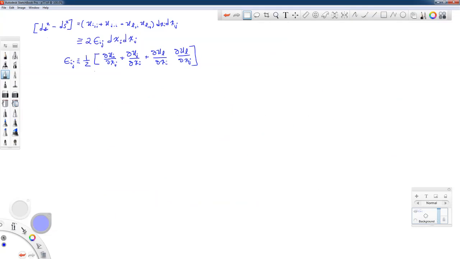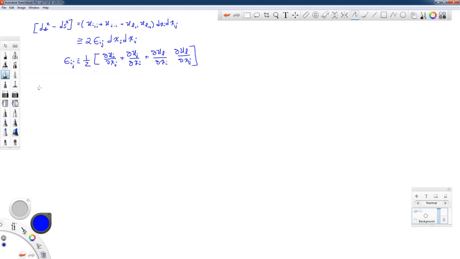This 2 in this term gets to be a little bit awkward at first, but we'll work through things here and see how that works out. So we have this expression is equal to these displacement gradient terms, dxi, dxj.